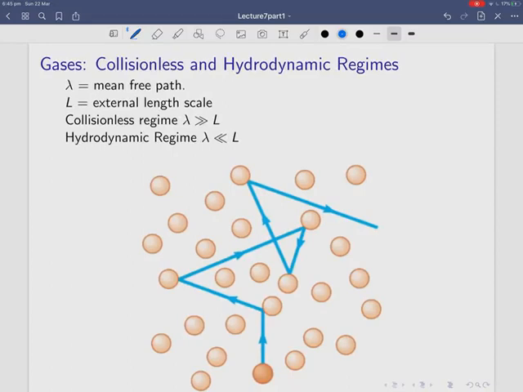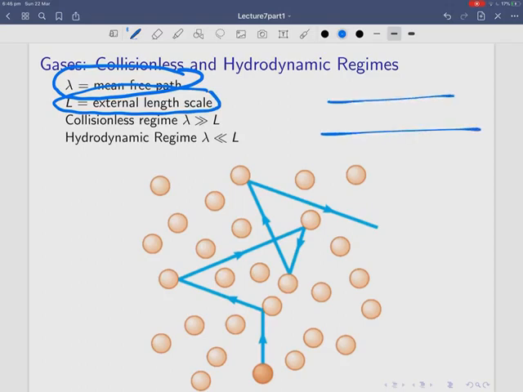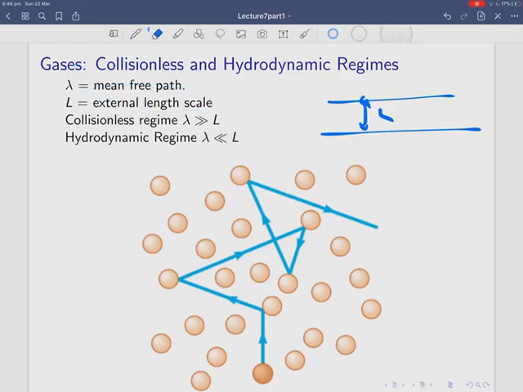So we need to introduce two kinds of regime here, because in an experiment or a real physical system, you will have two length scales. You will have the mean free path, which is what we introduced, and you'll have something which is even more basic, which is the external length scale, which might be the size of your box, the size of your room, the distance between two plates. If you have two plates, this will be your length scale, which is probably relevant. Okay, and there are two kinds of regimes here.